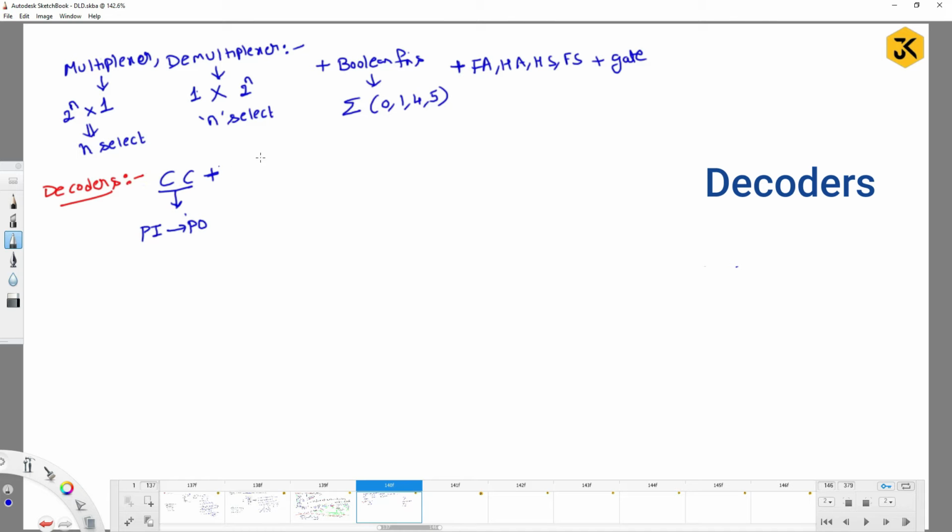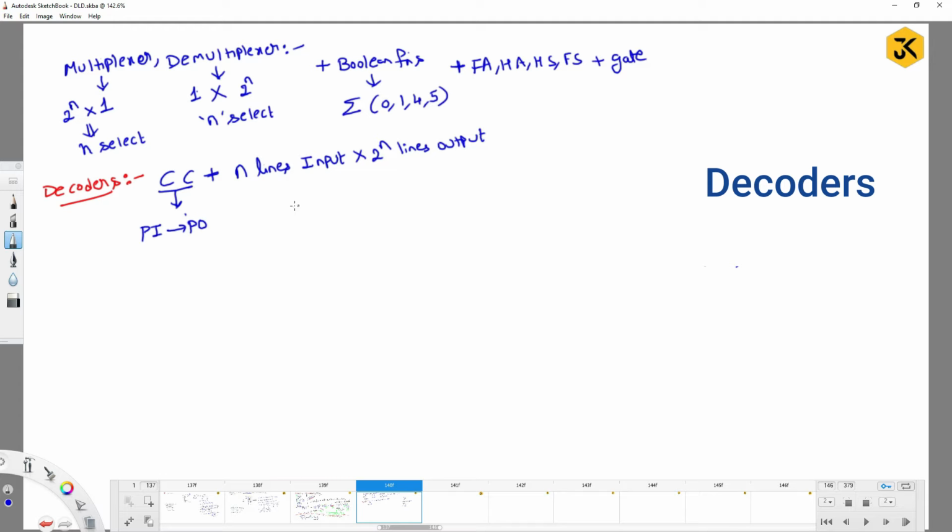So a decoder is a combinational circuit which takes n lines as input and produces 2 power n lines as output. Okay, fine.